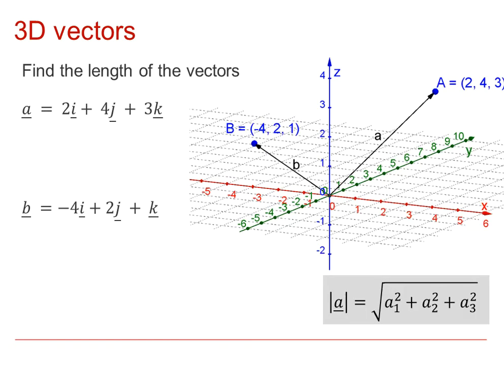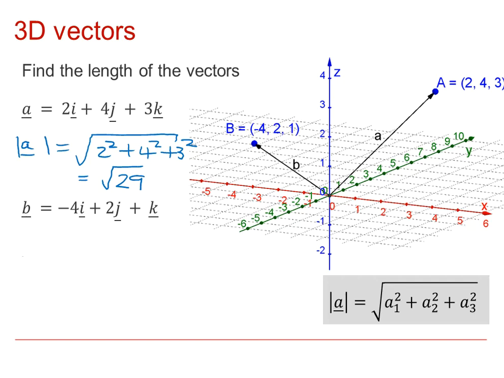Let's have a look at these examples here. If vector A is 2i plus 4j plus 3k, then the magnitude of A will simply be the square root of 2 squared plus 4 squared plus 3 squared, or square root of 29.